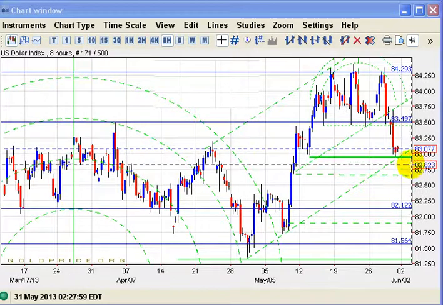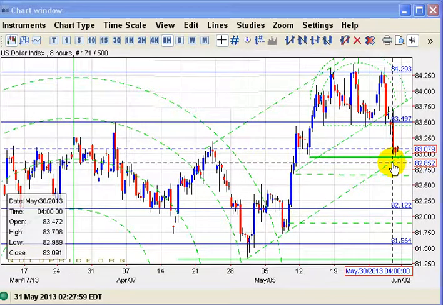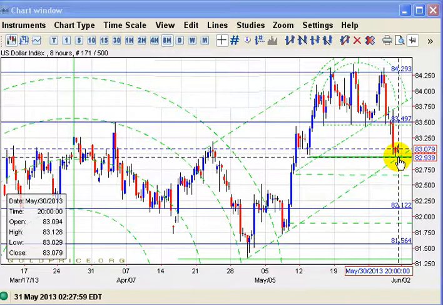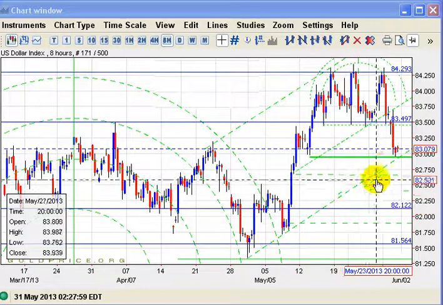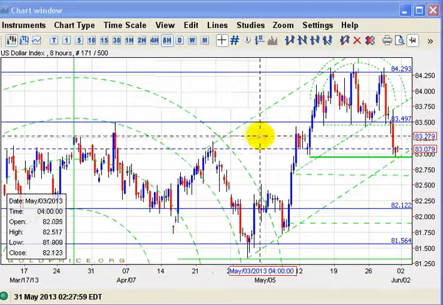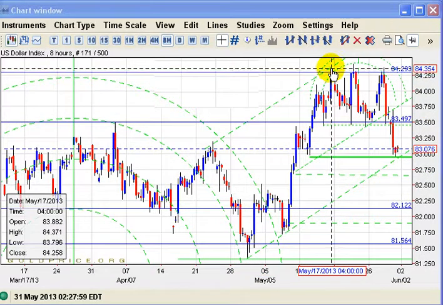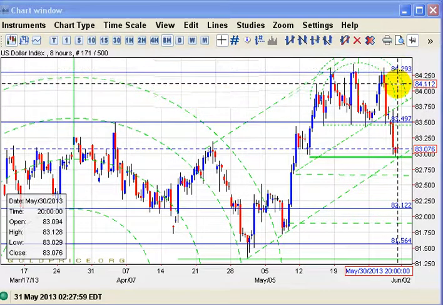And as you can see here on the 8-hourly chart, it is working at the lower band of the trend line support that we have drawn in parallel with the previous top trend line that served as resistance.